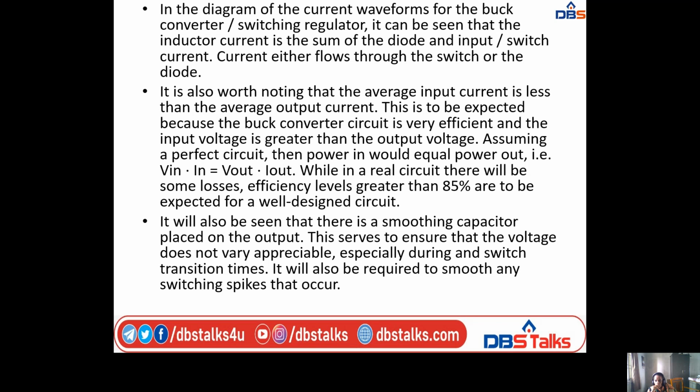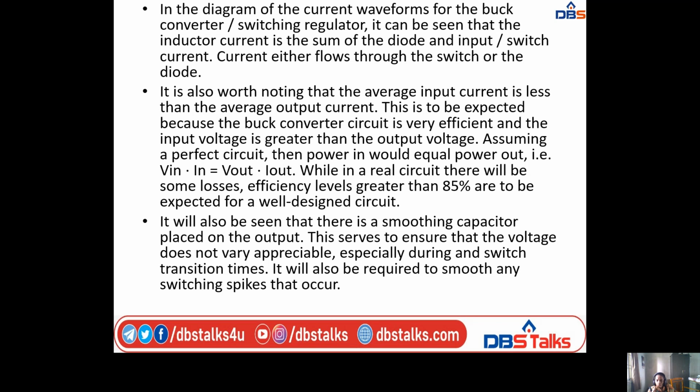In a buck converter the average input current will be less than the average output current, which is expected because the input voltage is greater than the output voltage.